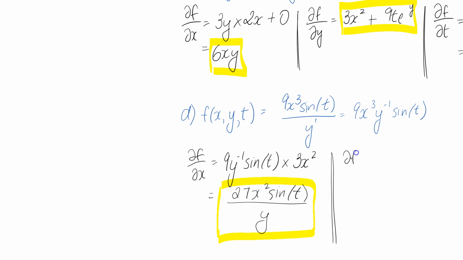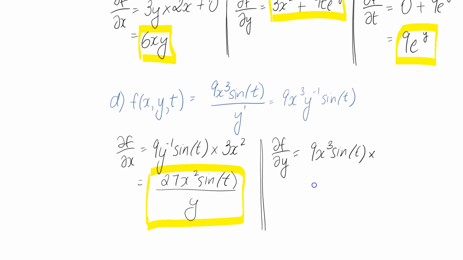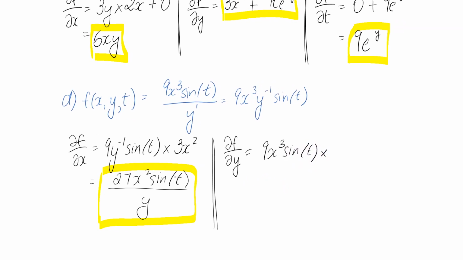So let's move on to the next one where we're looking at the partial derivative with respect to y. So this means that x and t are being considered constants this time. So I'm going to write out my constant out the front of this expression as the 9x cubed sine of t. And then I need the derivative of y to the power of -1 with respect to y. So applying my power rule, -1 multiplied by the 1 that sits out the front.